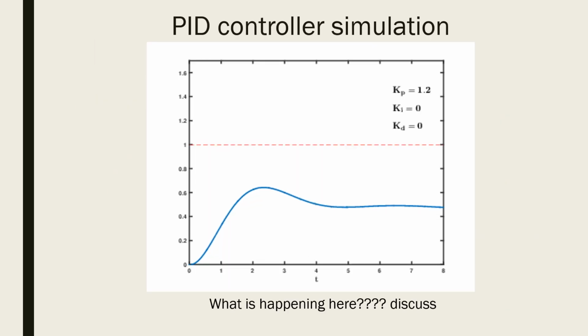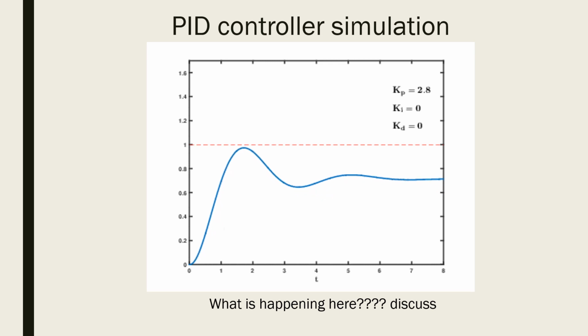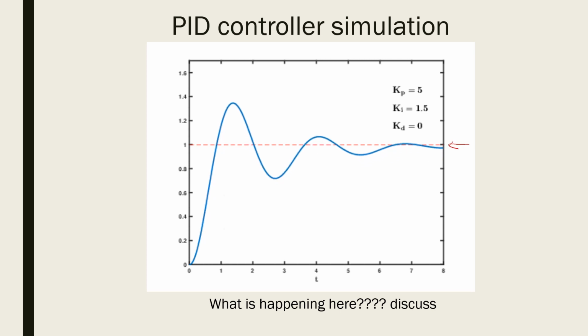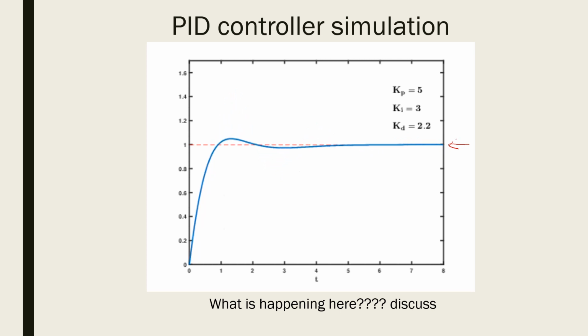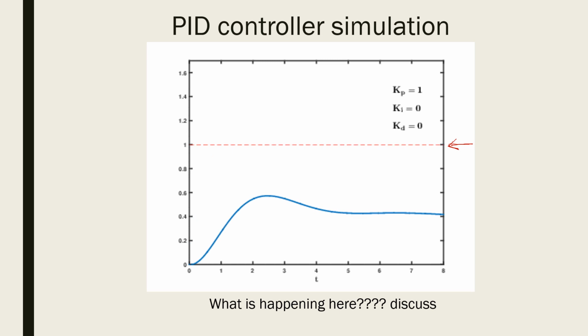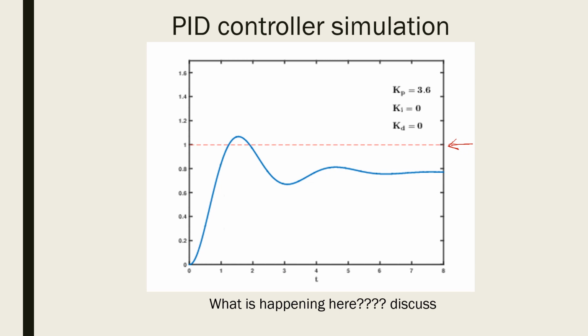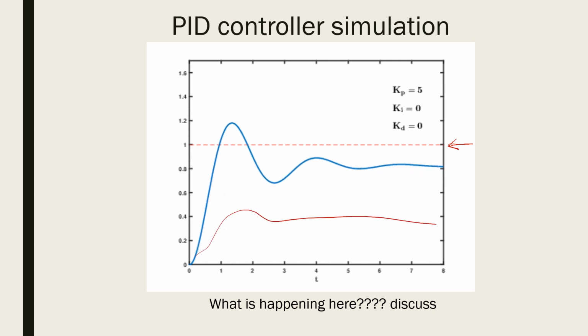So let's look at this GIF. This is our desired signal, which is 1. For example, we want the signal to be 1 all the time. However, the signal that we have is the blue one, right? This is the original signal, which is this one here.